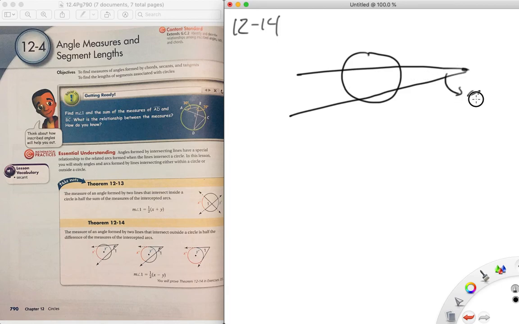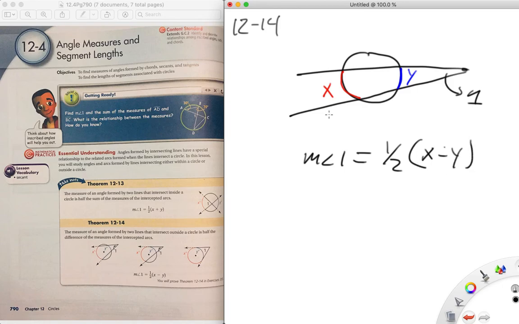We call that angle 1. And then we have an X over here and a Y over here. And to find out what angle 1 is, instead of adding the X and the Y, we are subtracting X minus Y.